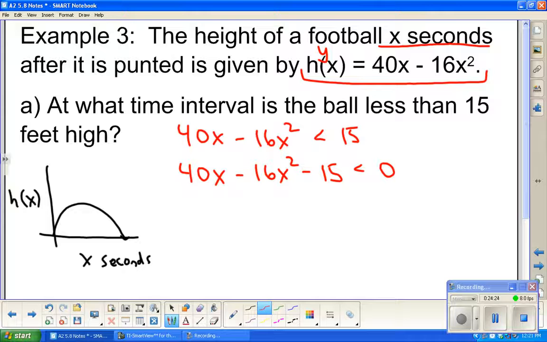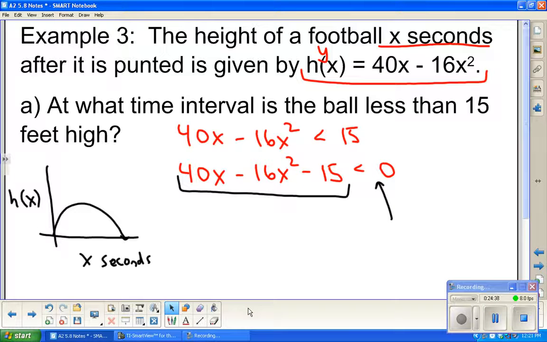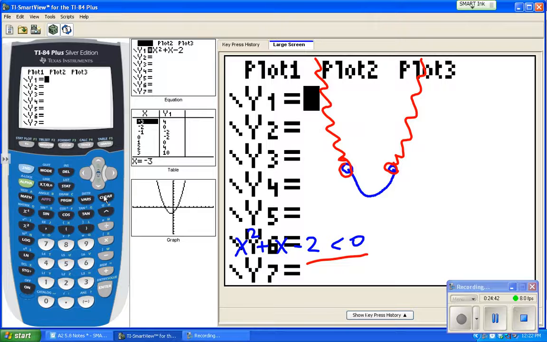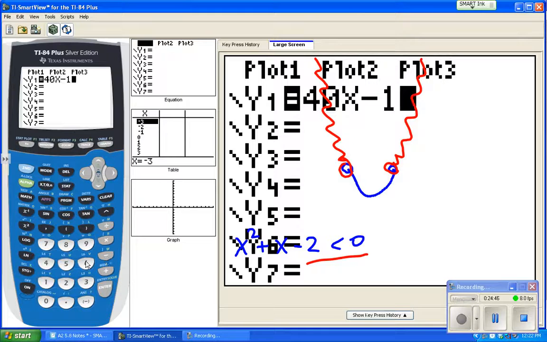So let's graph this thing and see what we get. I'm going to throw this into my y equals screen and look to see when is it less than 0, or when is it like underwater, under the x-axis. Okay. So 40x minus 16x squared minus 15.